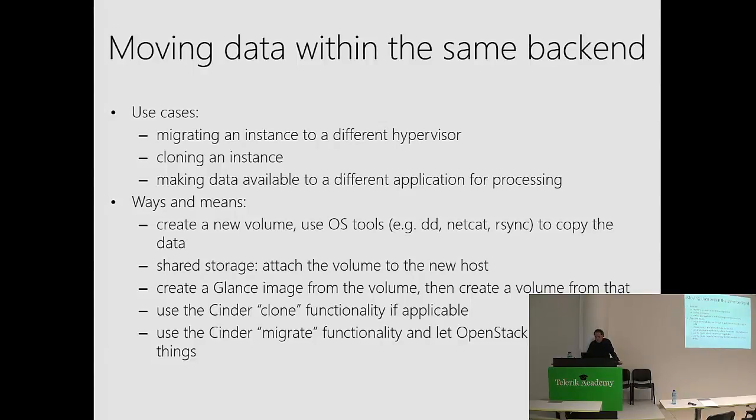Basically, in most cases there is the option of not doing it in OpenStack: somehow making both volumes available, creating a new volume, and then using the operating system's tools to do that, like DD, which dumps disk data from one device to another, or rsync that moves data between two hosts.